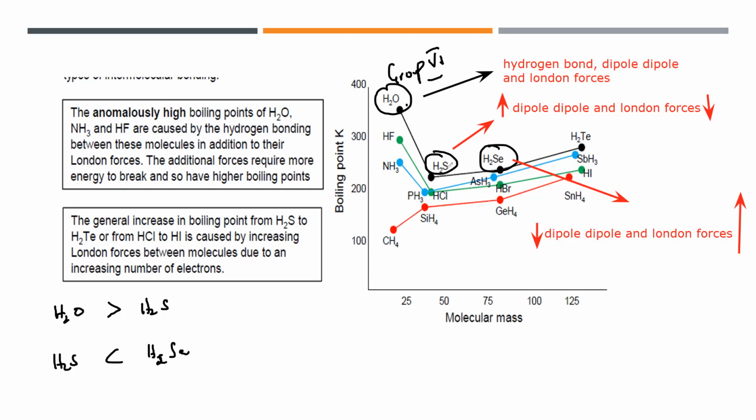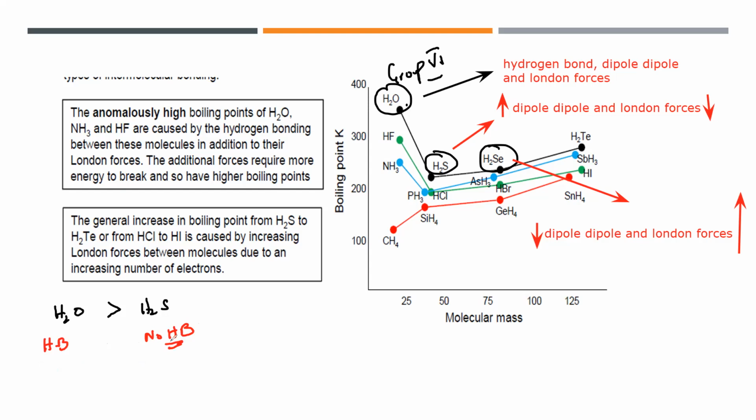So they asked this question: compare the boiling points. When we are comparing the boiling point of water with hydrogen sulfide, what are the reasons? We'll say water is having a hydrogen bond and H2S is having no hydrogen bond, and hydrogen bond is the strongest compared to any other forces like dipole-dipole, dipole-induced dipole.